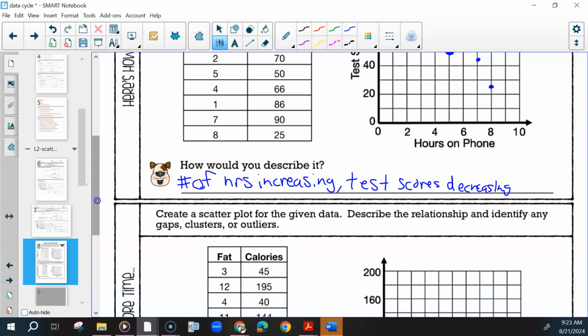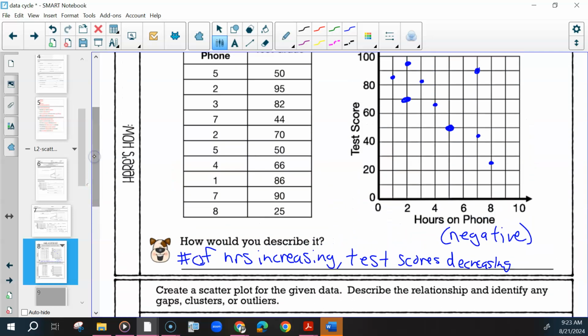If one is going up and the other is going down, what type of relationship is that? Negative. Good. So this would be a negative correlation or relationship. And then Maddie pointed out that most of the time this proves to be true. The more hours spent on the phone, the lower the test score is.